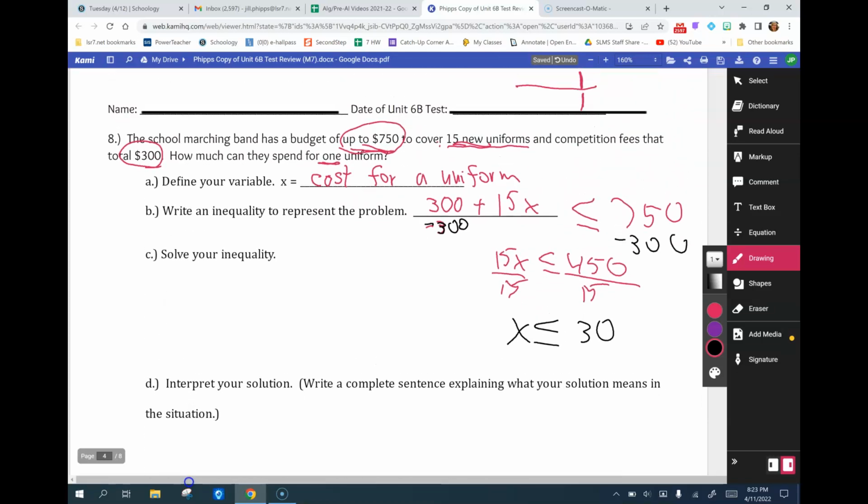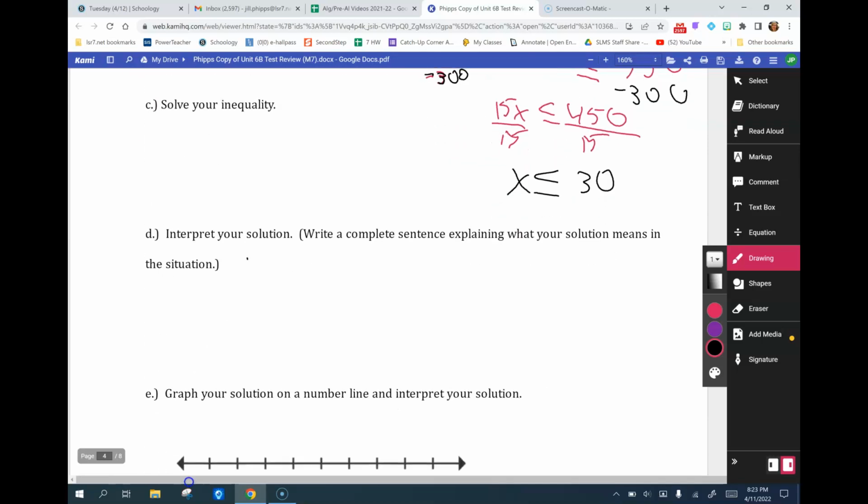Okay, interpret our solution. Always look back at your question. How much can they spend for one uniform? They can spend, I probably should have said the band can spend $30 or less per uniform.